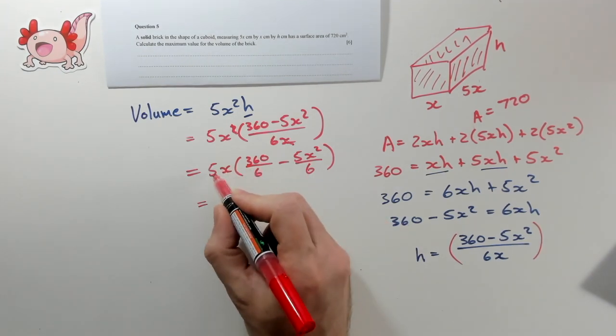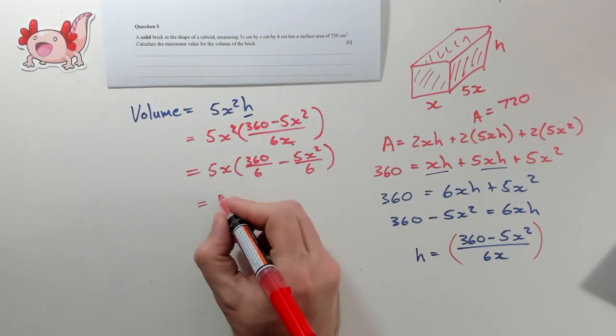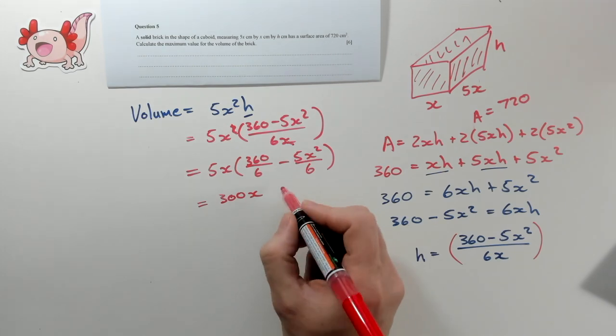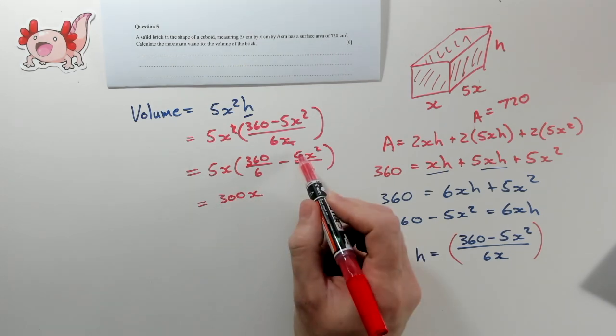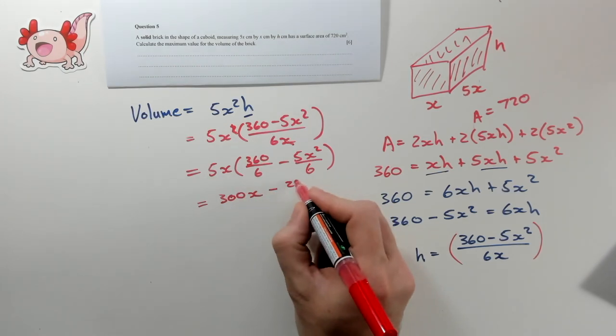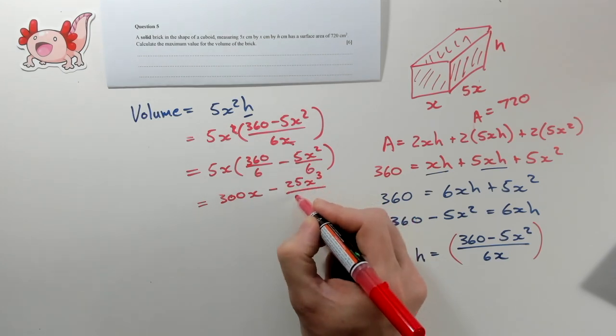So now I'm just going to multiply 5 times 360 and divide by 6, and that gives me 300x, pretty simple. And then here I'm going to have minus 5 times 5, which is 25. x times x squared is x to the power of 3, and that's over 6.